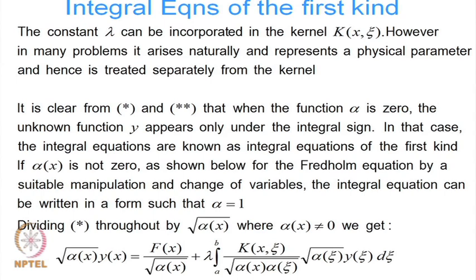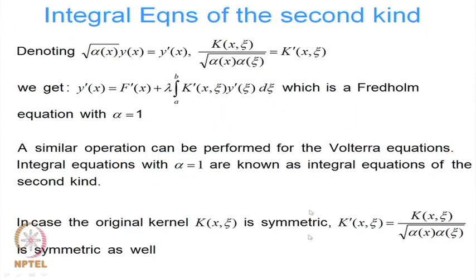So by suitable manipulation and change of variables, the integral equation can be written in the form such that alpha is equal to 1. So if we denote root of alpha x y x as y prime x, and this as k prime of x xi, we get y prime of x is equal to f prime of x plus this, which is exactly a Fredholm equation with alpha equal to 1, right.